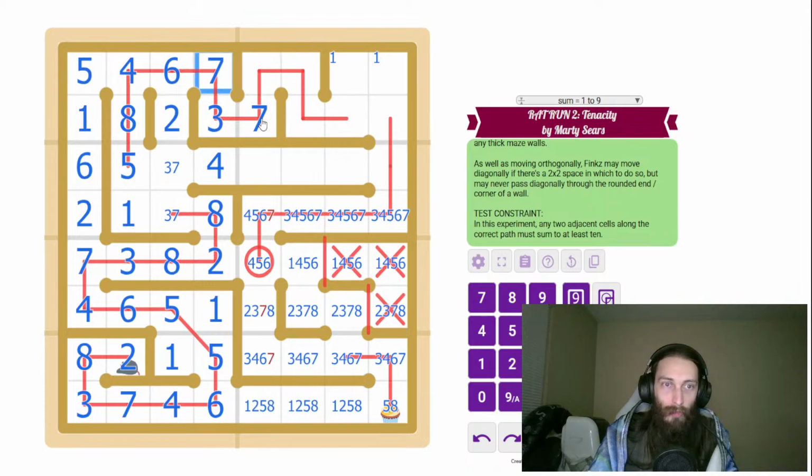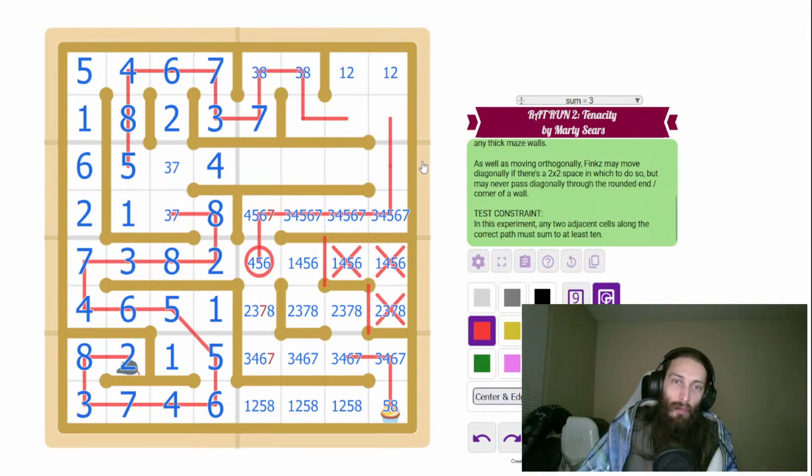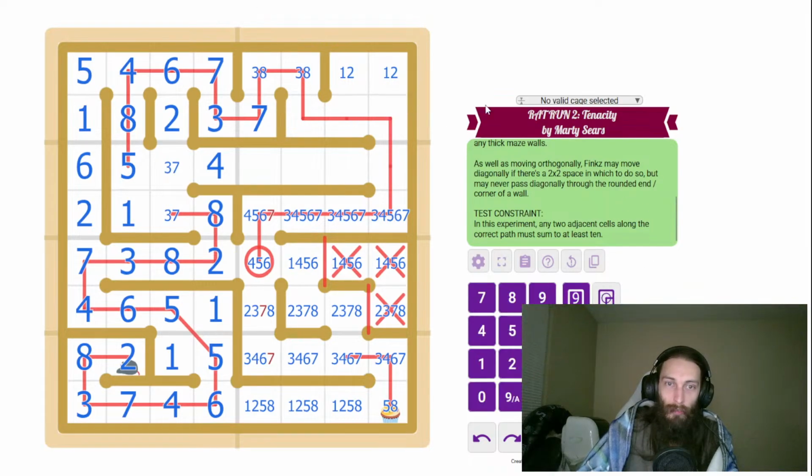Yeah, I misjudged the 7, the fact that those were in the same box. It's going to have to either go to 3 or 8. And I can't put a 2 here, so that's a 1-2 pair. And if I connected to a 2, I would have to have 8s on both sides. So that's not allowed.